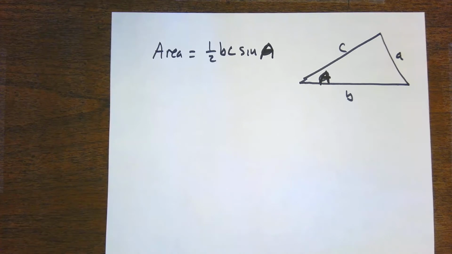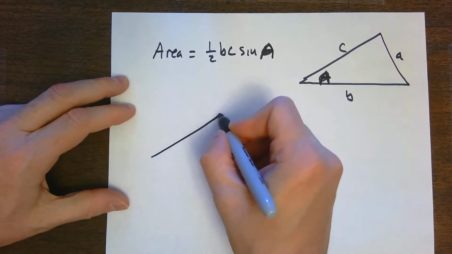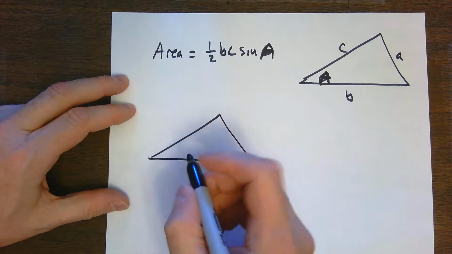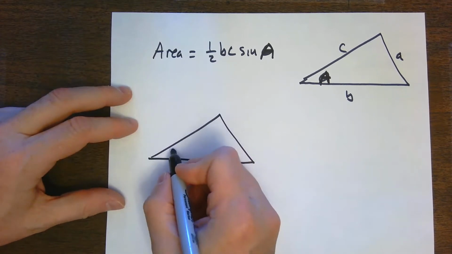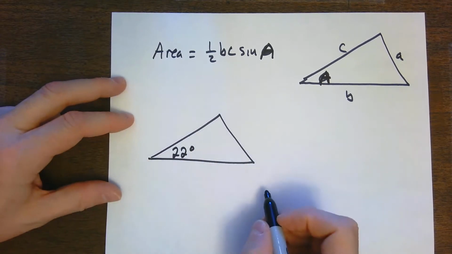All right, let's take a look at some examples of this. Suppose I've got a triangle, and let's say that this angle here is 22 degrees.